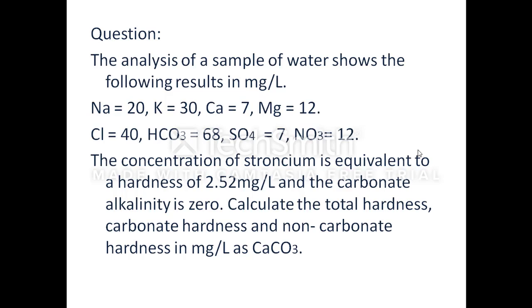And the concentration of strontium is equivalent to a hardness of 2.52 mg per liter, and the carbonate alkalinity is 0. Calculate the total hardness, carbonate hardness, and non-carbonate hardness in mg per liter as calcium carbonate.